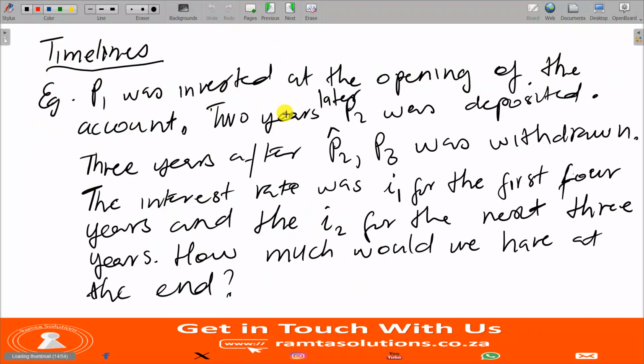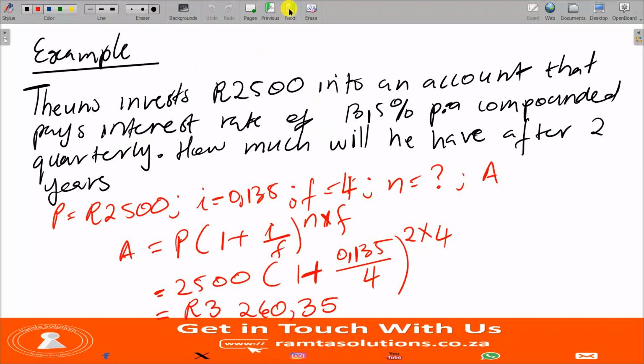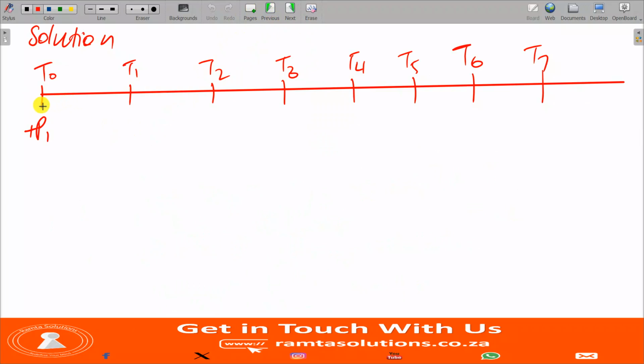And then 2 years later, P2 was deposited. Check this, guys. This is the beginning of the first year. This is the end of the first year. You can also call it the beginning of the second year. The beginning of the first year, beginning of the second year, beginning of the third, and so on.